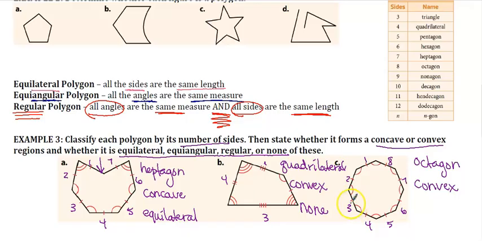So again, let's look at these little red tick marks, and there's one mark on every side, which means it's equilateral. Then we need to check equiangular. So it has one circle, or one curve, one arc for each angle. Each one is a 1, so that means, hey, it's equiangular as well.